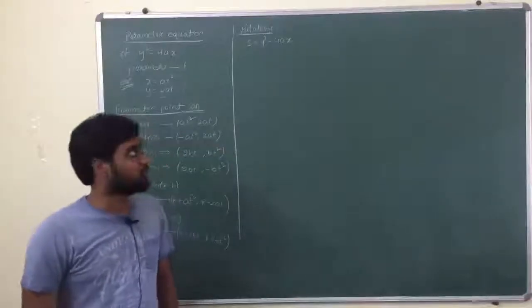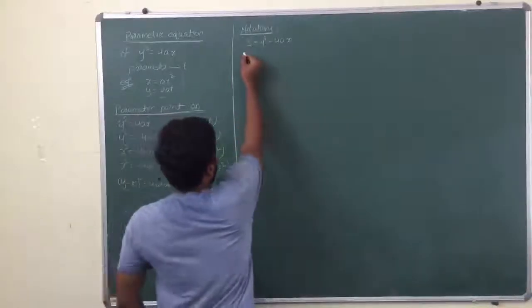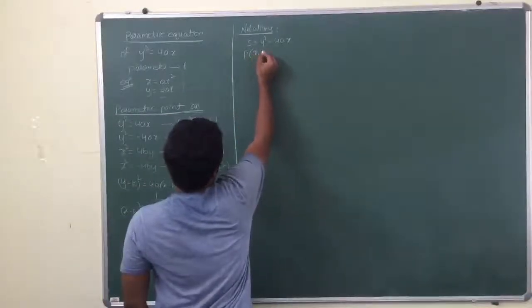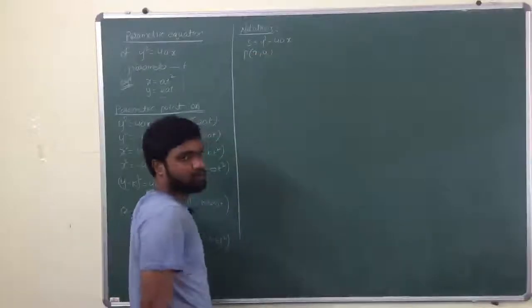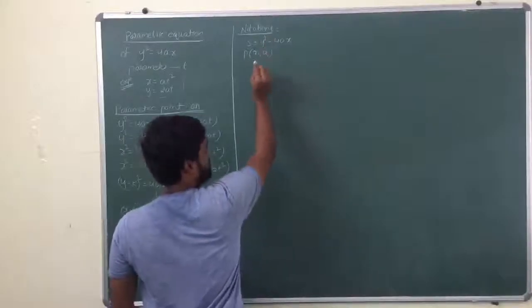Okay, in the circles we have discussed this. S is the equation of the circle. Now suppose there's a point P, consider x1 comma y1, with respect to this parabola, this S.